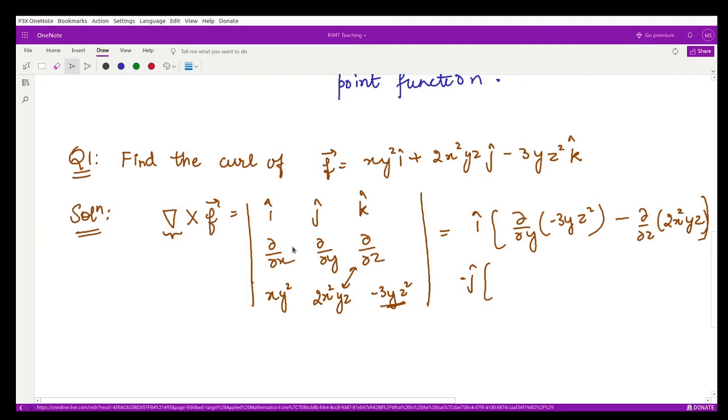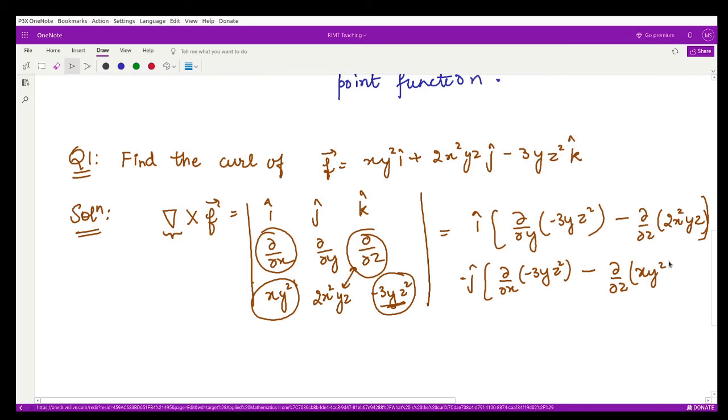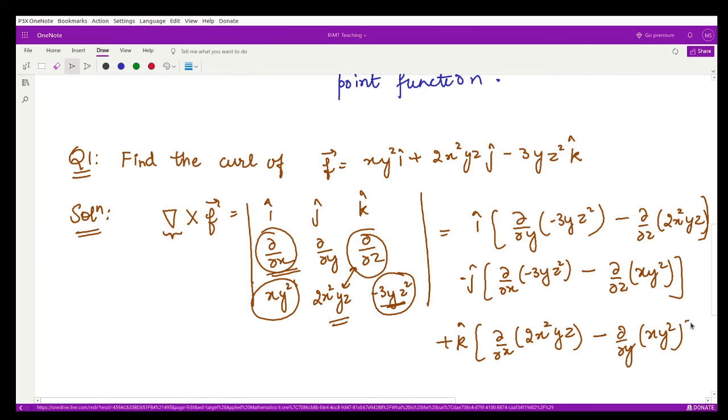For j cap, we apply del by del x over minus 3yz square, minus del by del z of x y square. And plus k cap, del by del x of 2x square yz minus del by del y of xy square, right?